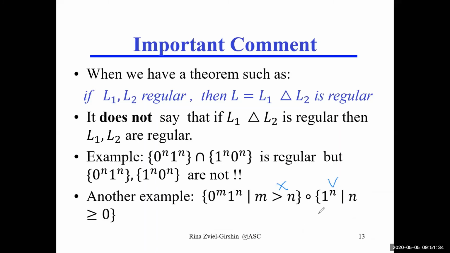And be careful, because sometimes when you prove your claims, you claim this part, and it is not correct. If the result is a regular language, it doesn't mean that the original languages were regular languages. Okay, we finished our practice for today.